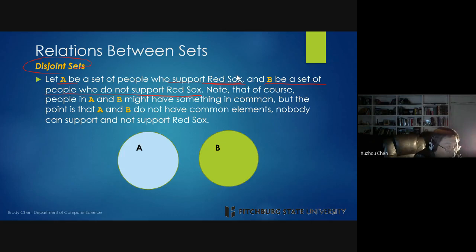So it could be that the people in A and B both like beer. They both like a drink. Okay, but that's not the point. The point is we define a set to have certain characteristics. So A is a set of people who support the Red Sox, and B is a set of people who do not. Now, if you divide the set based on this criterion, then A and B have nothing in common.